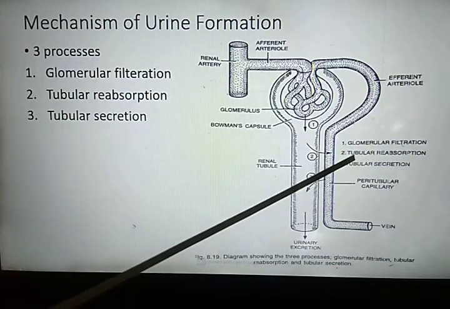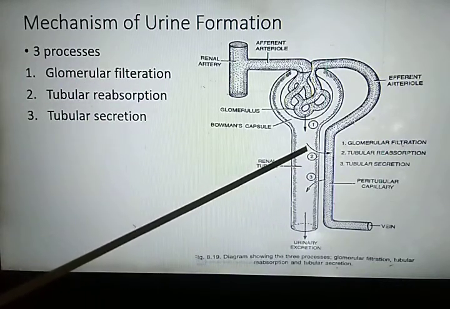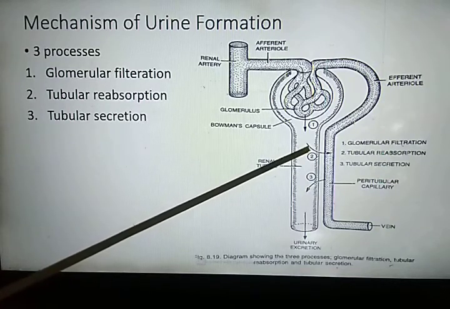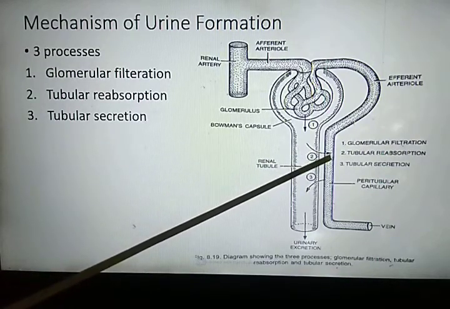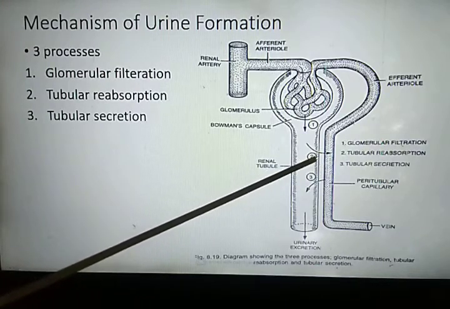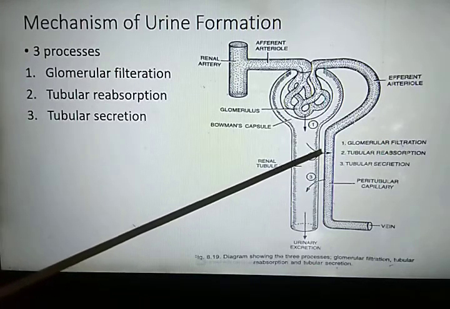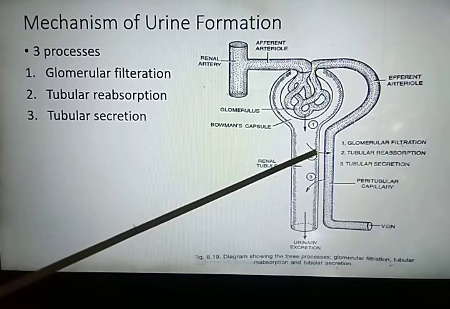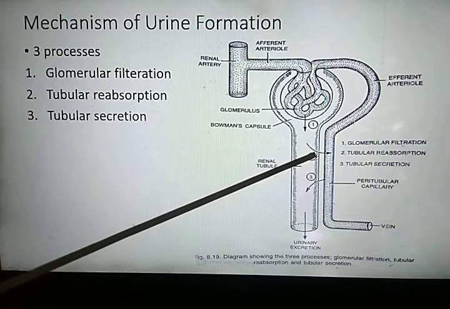What do you mean by tubular reabsorption? It is when the substances from the filtrate pass into the blood present in the peritubular capillary through the tubular cells. What are tubular cells? These are the cells which form the tubules of the nephron, that is the PCT, DCT, loop of Henle.